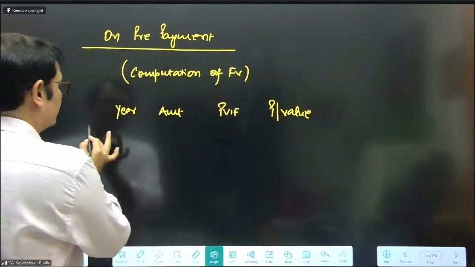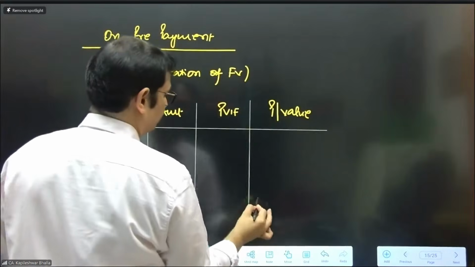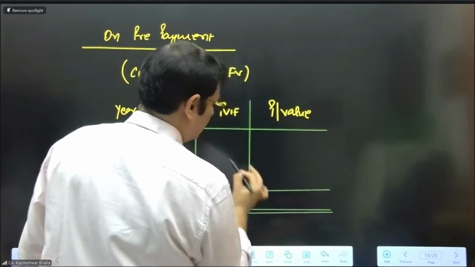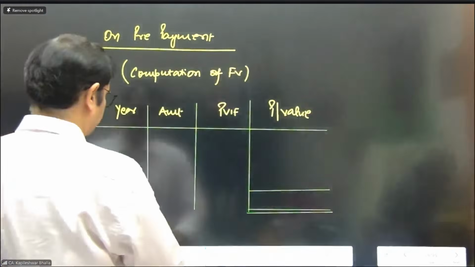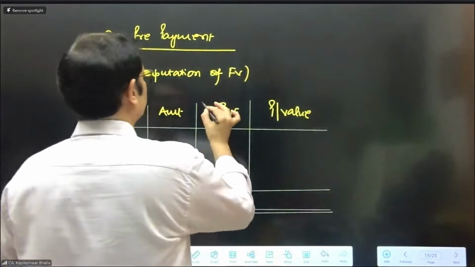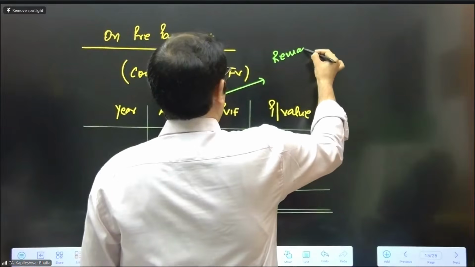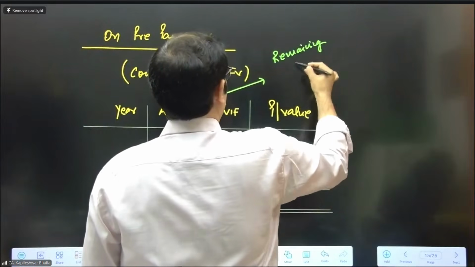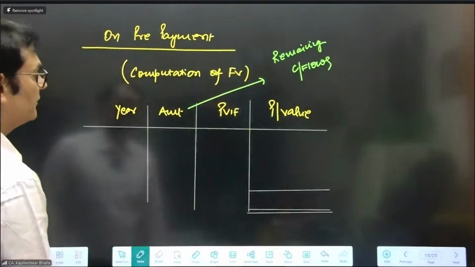So now we need to consider the remaining cash flows for the calculations. So let's make a mention. This amount is the remaining cash flows which need to be discounted at 12%.